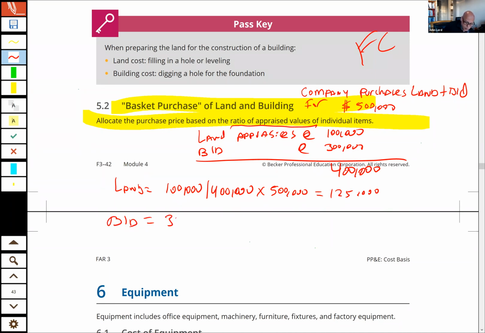Building is 300,000 of that 400,000, or 75% times the 500,000 gives me 375,000. Am I doing my math right? Okay, so you would need to do that. That's not that difficult. You see a couple questions like that in your homework and stuff, easy questions. You'll have fun with those.